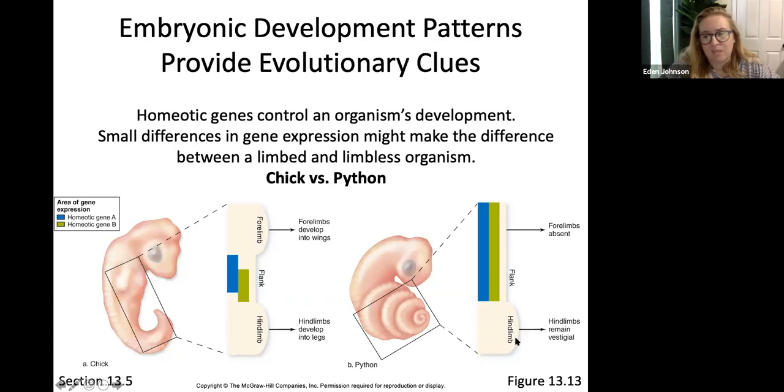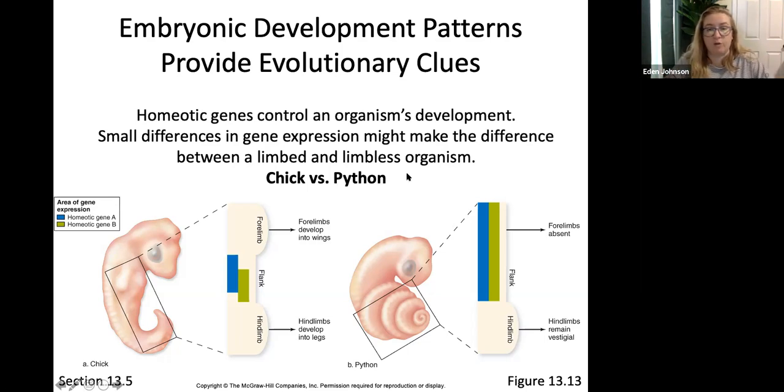And here you do have the absence of these homeotic genes in the later area of that embryo. But remember that these hind limbs, does it need its hind limb? No, not at all. So the hind limbs will remain vestigial. So based on these overlapping parts, because they're overlapping, it takes over the place where the forelimbs would be, meaning that it has an overall different body plan, even though you have the same homeotic genes.